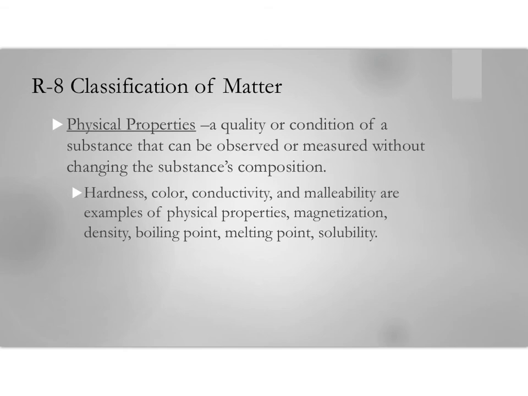So it's not changing its composition, it's still H2O, but its appearance is changing. Its physical nature is changing. It's no longer a liquid, it's a gas. Same thing with melting from ice to water. Solubility is a physical property, and this would be how much of a substance will dissolve in a certain amount of solvent, usually water.